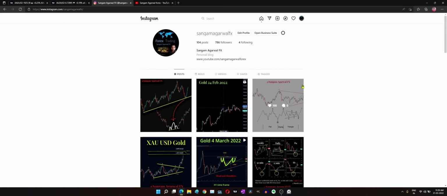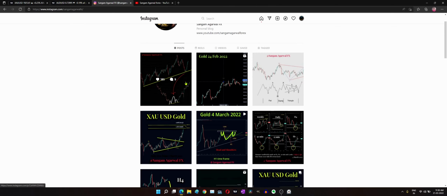The same trade we shared on Instagram: the H1 trend line, the H4 trend line, and a head and shoulders chart pattern on the 15-minute time frame. If you trade more than one time frame together, then you know crystal clear where to buy and sell and what the trade is.